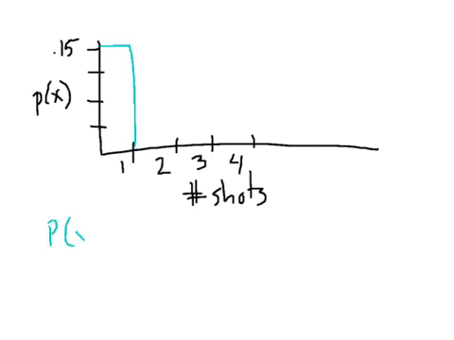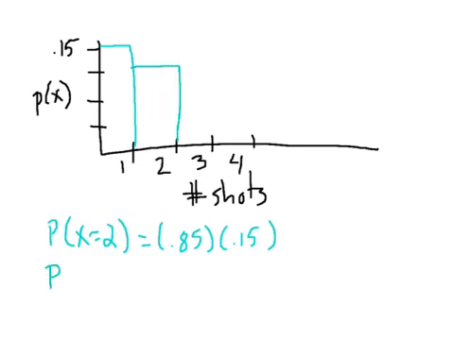The probability that x is equal to 2 is going to be you miss one and you make the next one. Well, if this bar is 0.15 tall, and we're multiplying 0.15 times 0.85, this bar is going to be 85% of the other one, so maybe something sort of like this. Well, how about the probability that x is equal to 3?